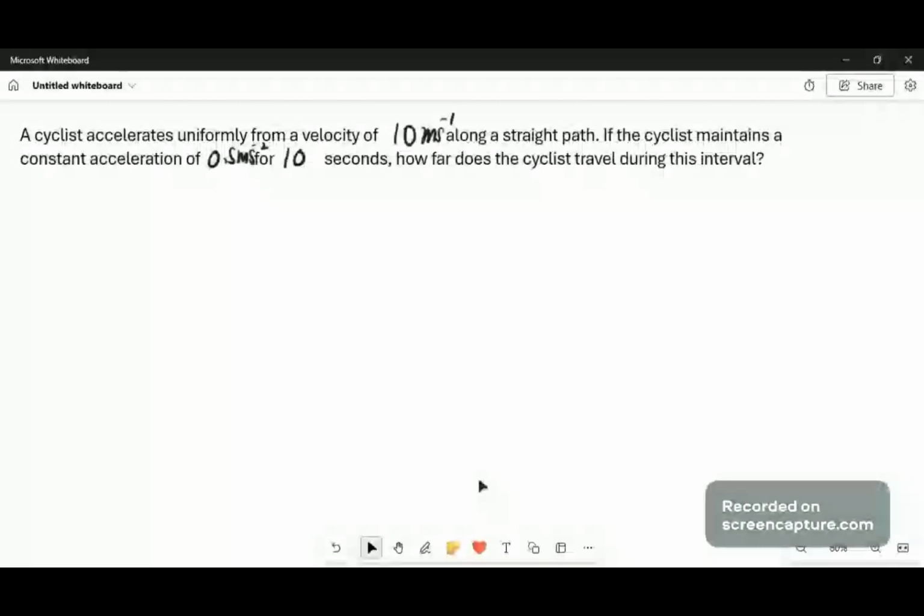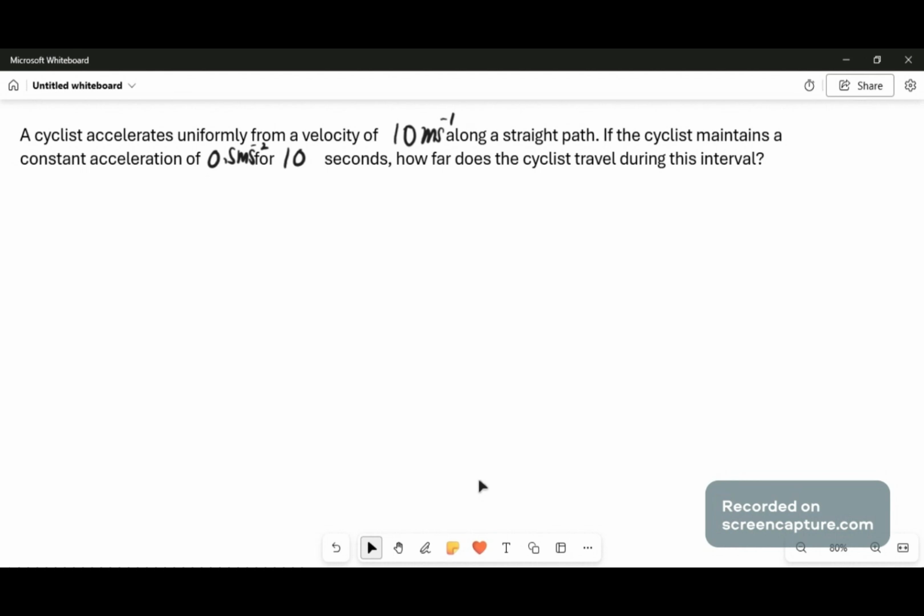We'll move to another question. A cyclist accelerates uniformly from a velocity of 10 meters per second along a straight path. If the cyclist maintains a constant acceleration of 0.5 meters per second squared for 10 seconds, how far does the cyclist travel during this interval?